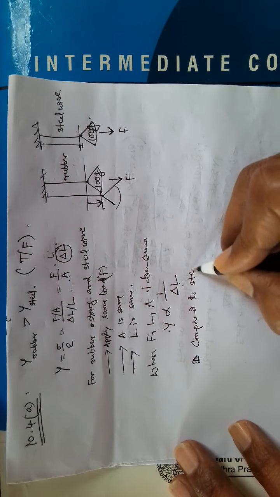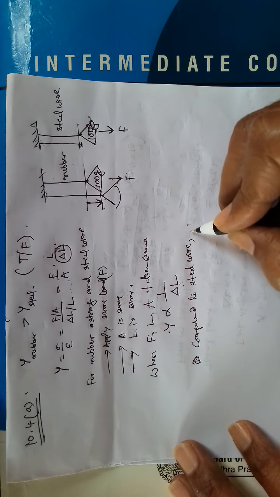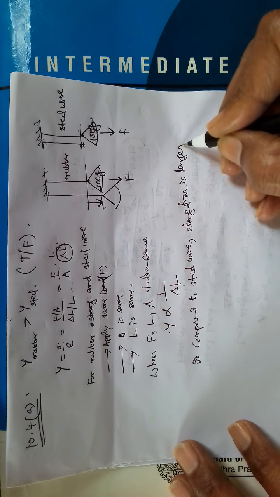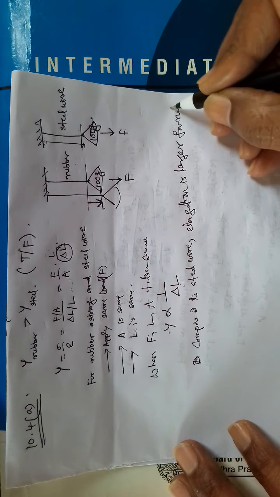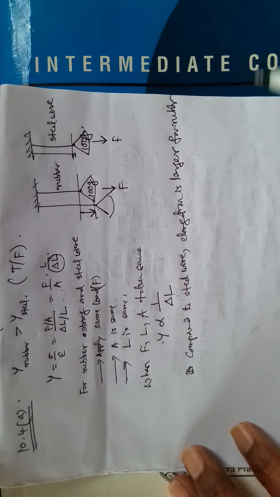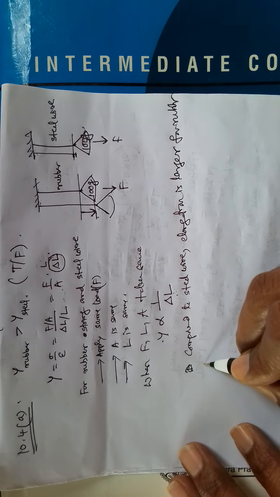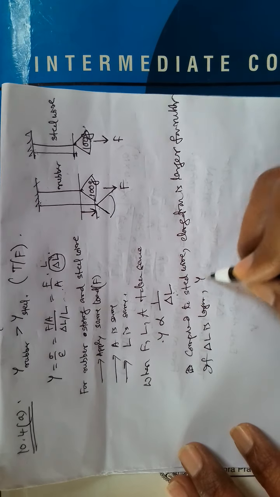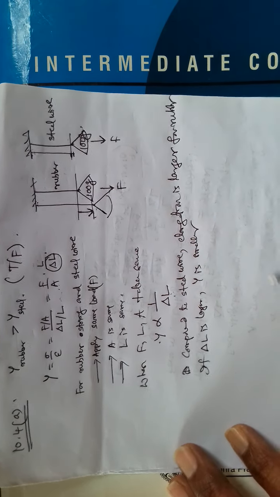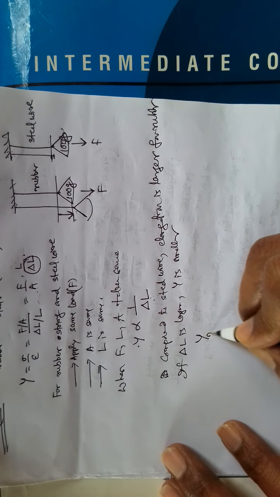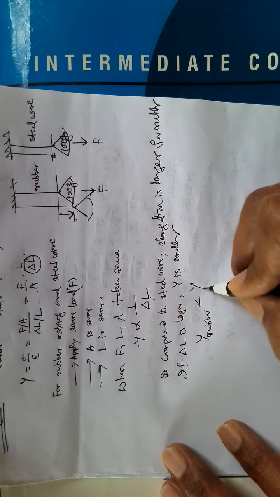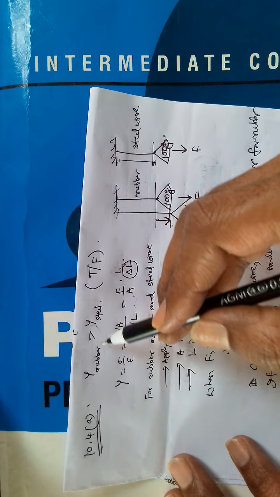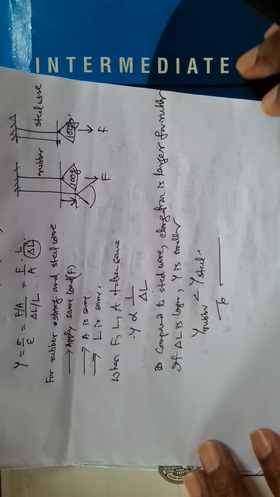Compared to steel wire, elongation is larger for rubber. If delta L is larger, Y is smaller. Therefore, Y for rubber is less than Y for steel. It means this is false, and you have given the reason also.